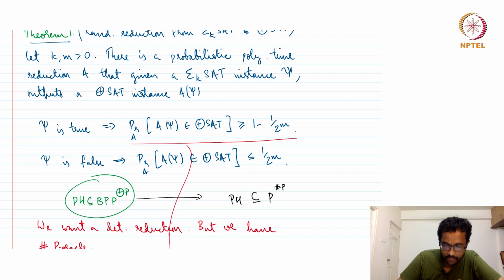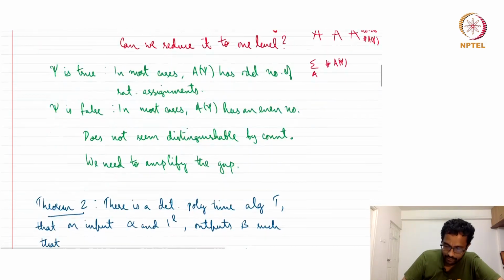If psi is true, the probability that A psi is a yes instance of parity set is at least 1 minus 1 by 2 power m, which is high probability. And if psi is false, it is a yes instance with a low probability, 1 by 2 power m.